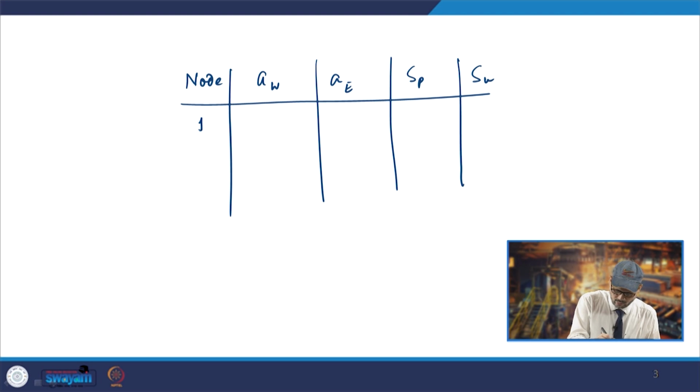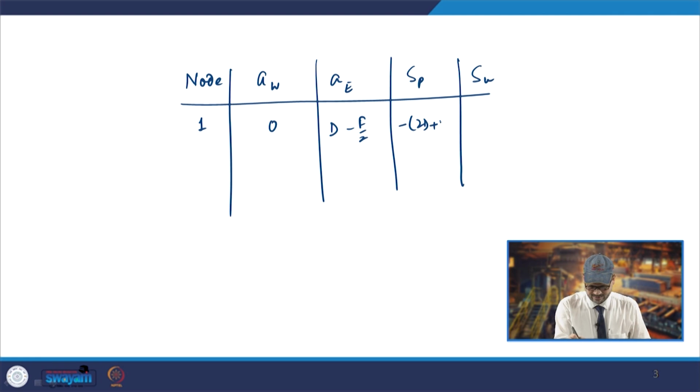So, for node 1, your Aw becomes 0 and Ae becomes D minus F by 2. Similarly, you will have Sp as minus of (2D plus F), and the source term Su will be (2D plus F) into phi A. That will be there at node 1.